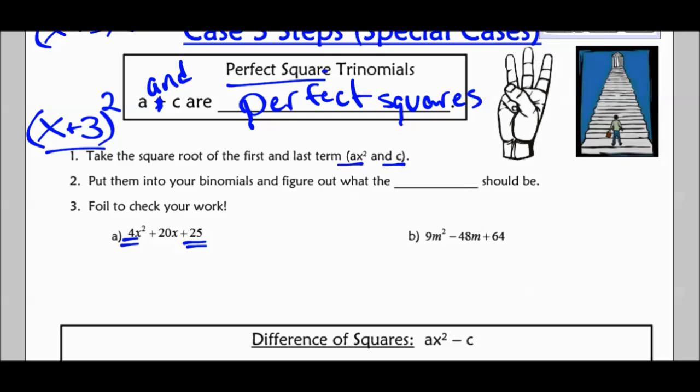What is the square root of that thing? A little bit more than that. Yeah, 2x is the square root of that. What's the square root of 25? 5.